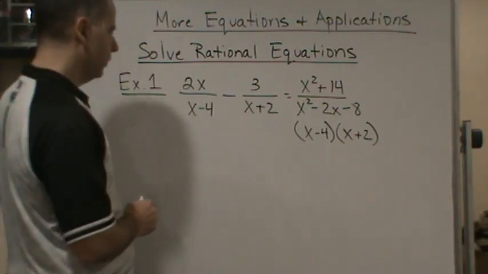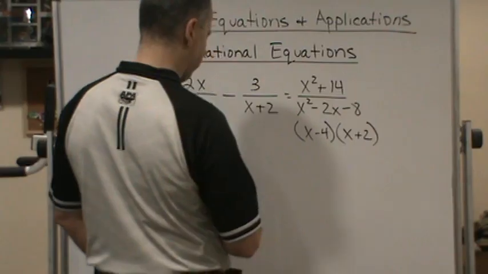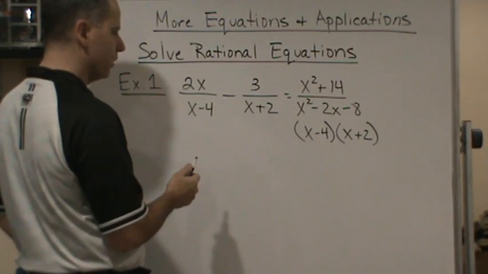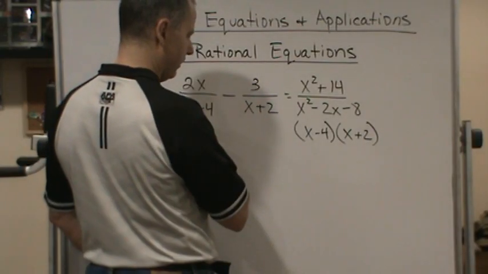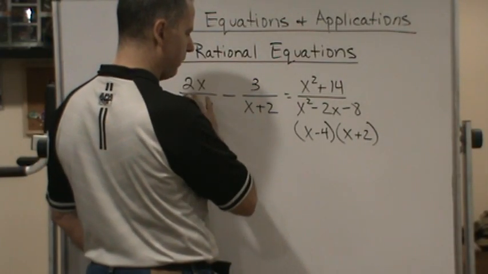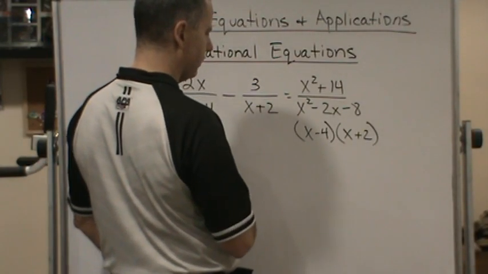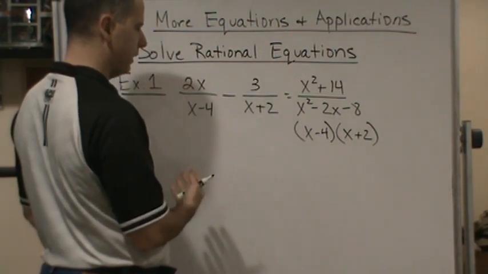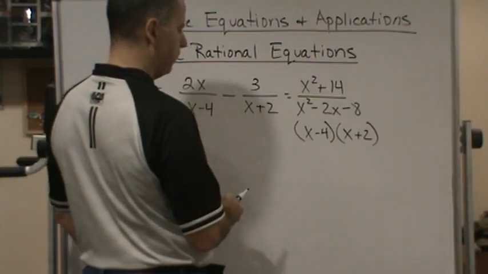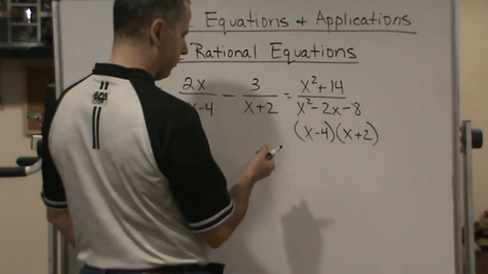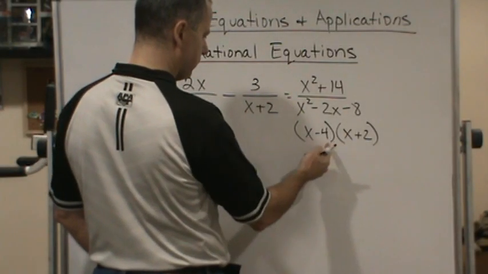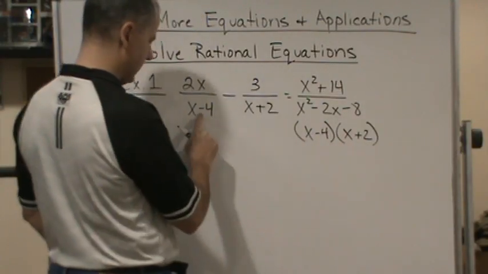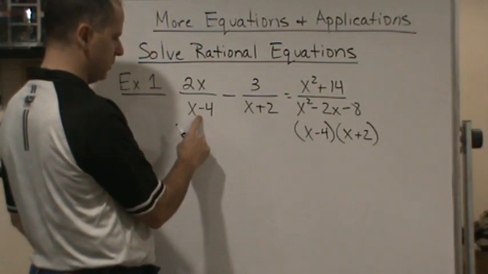All right, so now we want to multiply by the lowest common denominator. It would be this factor here, because this is missing an x plus 2.